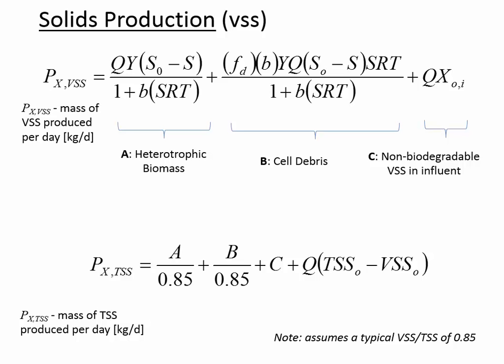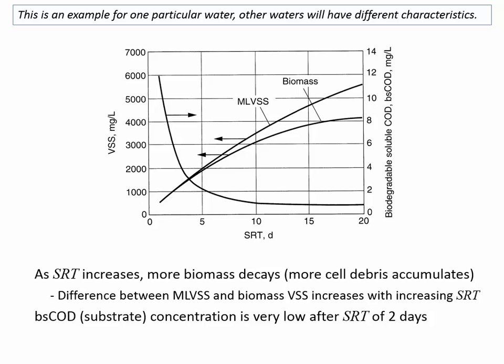So it scales it up. There's one more term, though, it's taking into account the difference between the volatile and total solids in the inflow, because it's not just the reaction that's taken into account, but also the in minus the out of the influent and the effluent. All right.